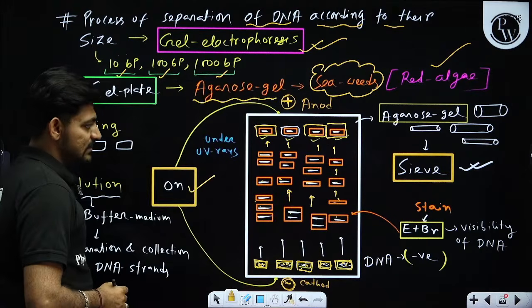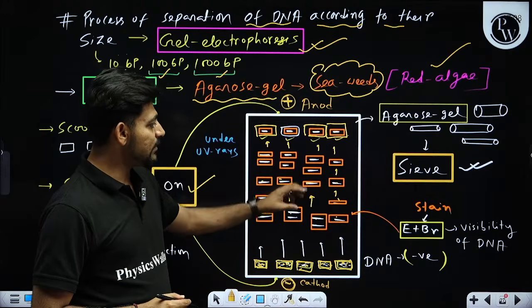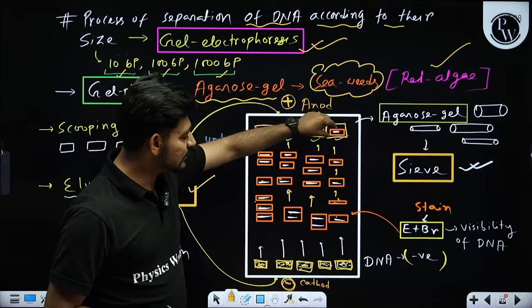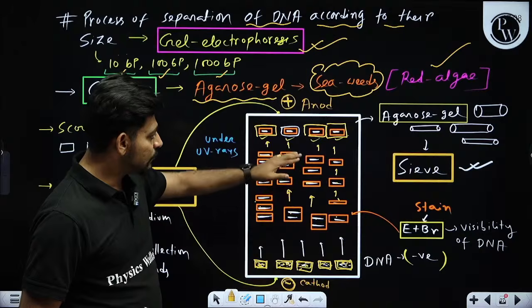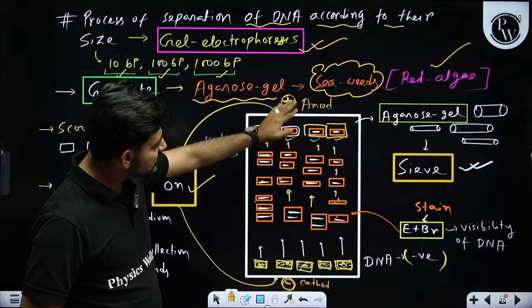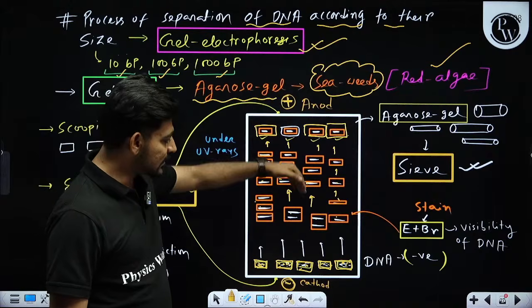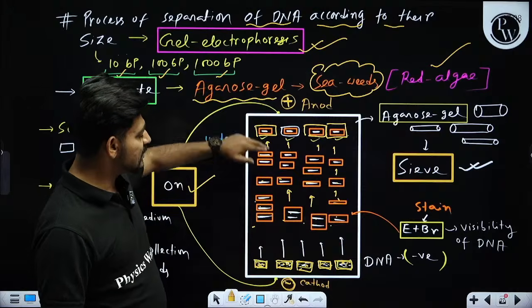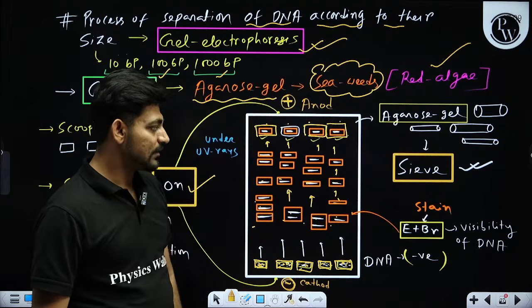This is how you can separate different DNA of different base pair, by checking their zone on the agarose gel plate, whether they are towards the anode or towards the cathode. Towards the cathode, these are the larger pieces of DNA. Towards the anode, these are the smaller pieces of DNA.